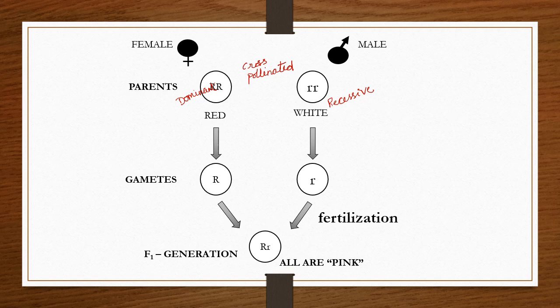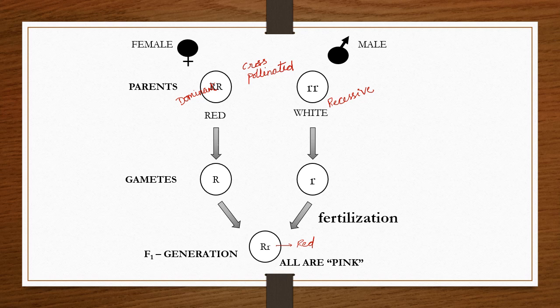As per the monohybrid concept, capital R and small r should express red as per the one gene concept proposed by Mendel. Is it correct? Correct only, no?